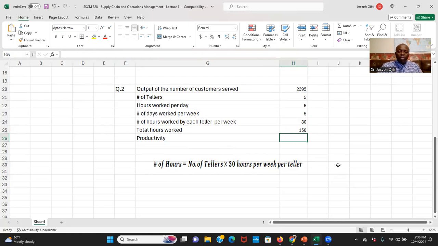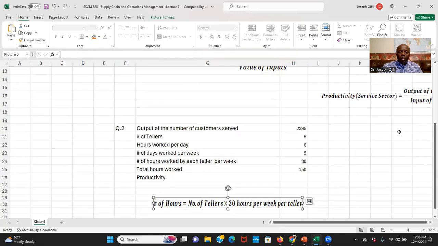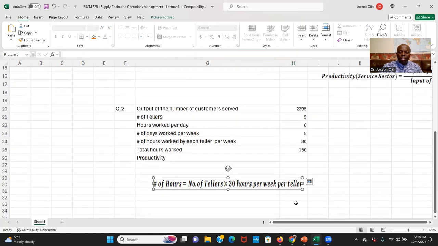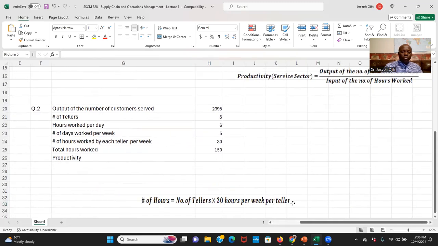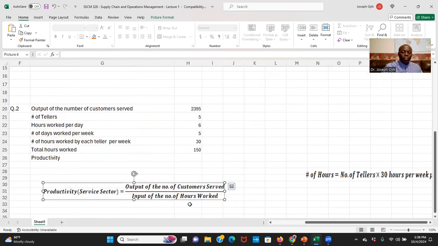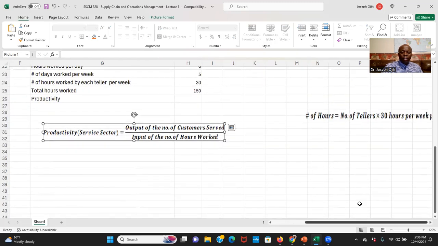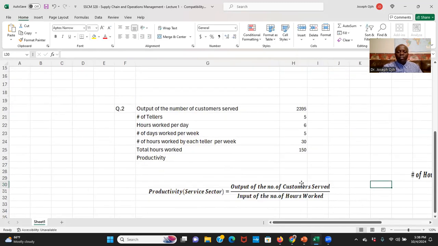So the productivity, as you already know, let me move this away so we can get the formula for productivity. This is the formula for this kind of service sector. For this particular bank, they're using the number of customers served as their productivity.